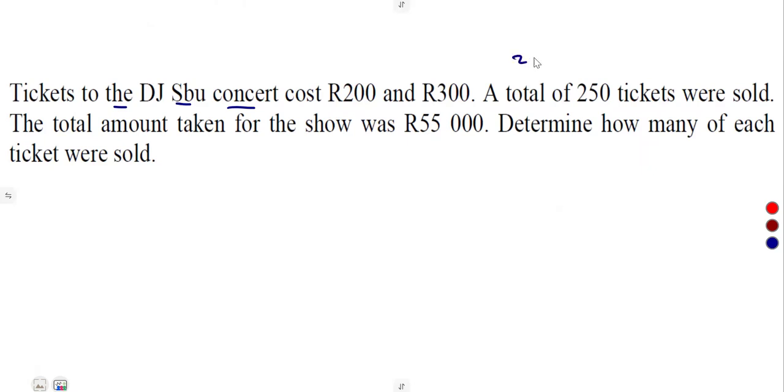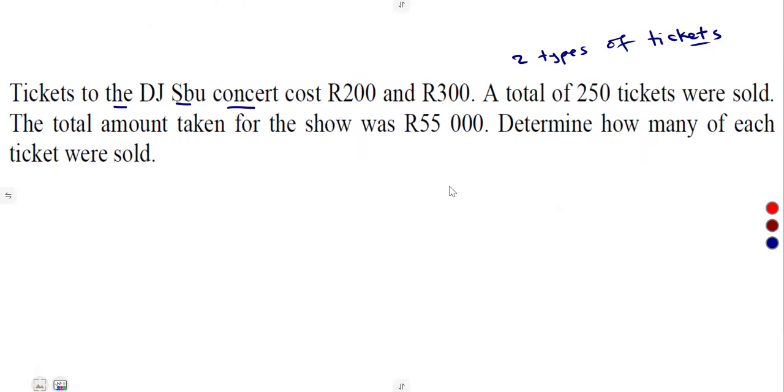There are two types, or two different tickets, two types of tickets. Maybe the one for ordinary, the other one for the VIP. So take note, the tickets are given in two types. So there is a cost of 200 and 300.